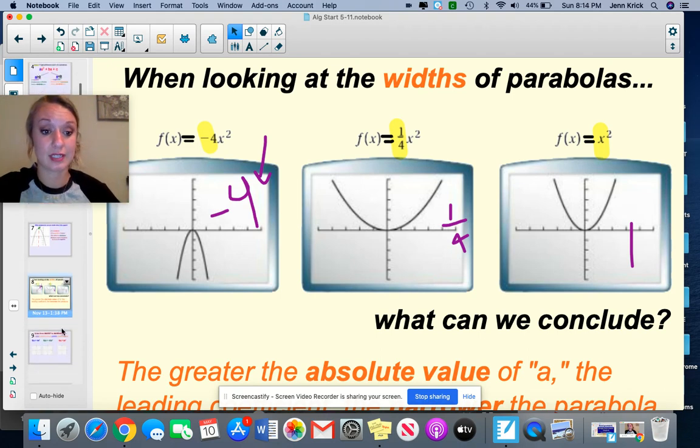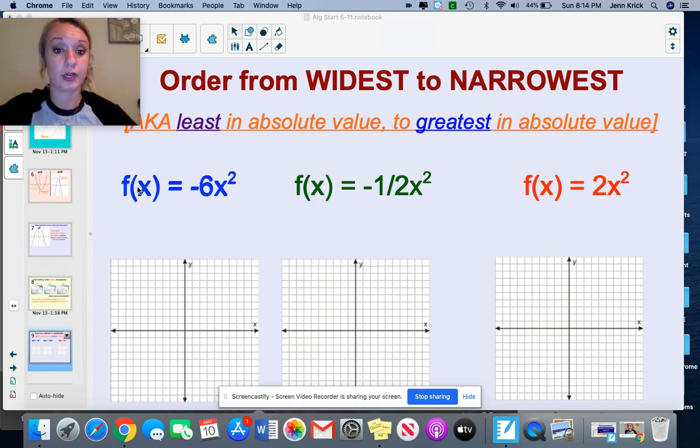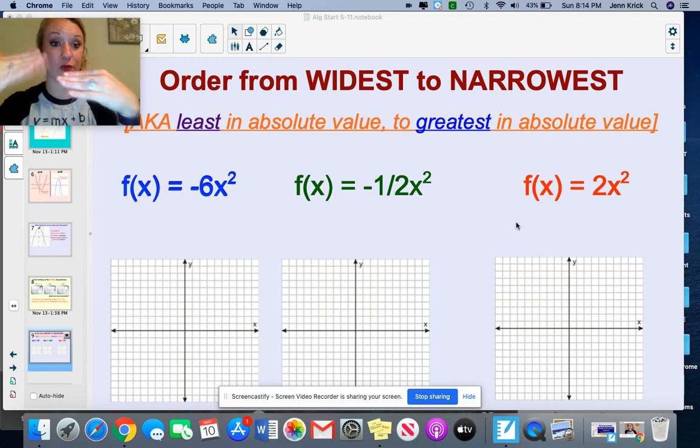Let's practice that together. Can you order the blue, the green, and the red from the widest to the narrowest? The widest means that your number will be the smallest, and the narrowest means that your number in absolute value will be the biggest.